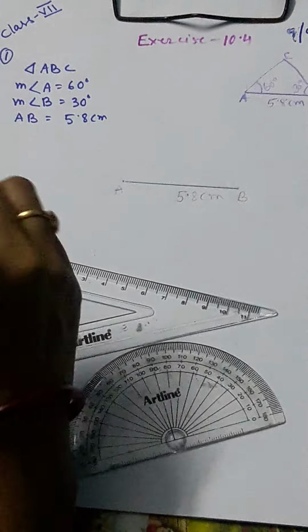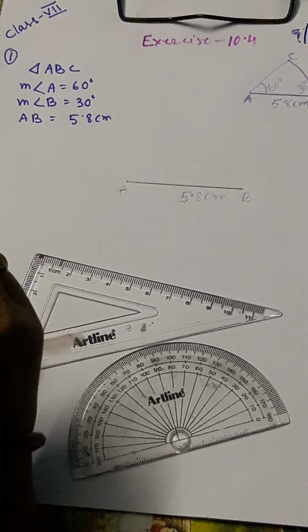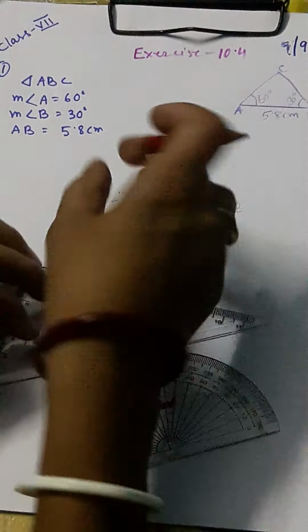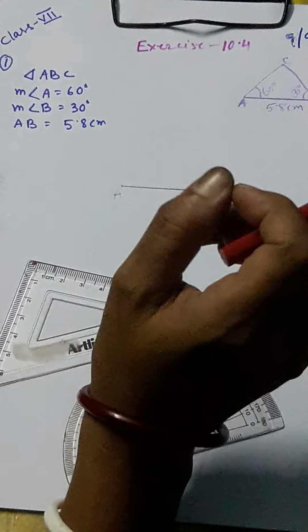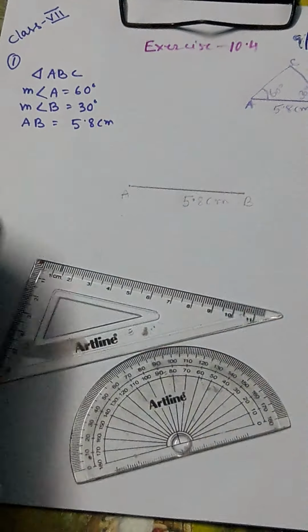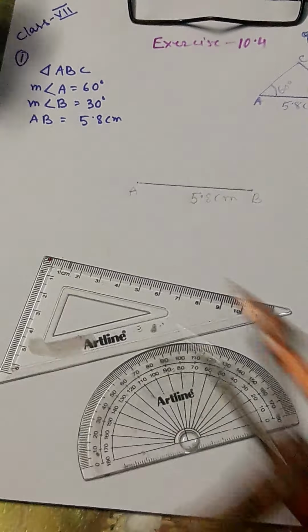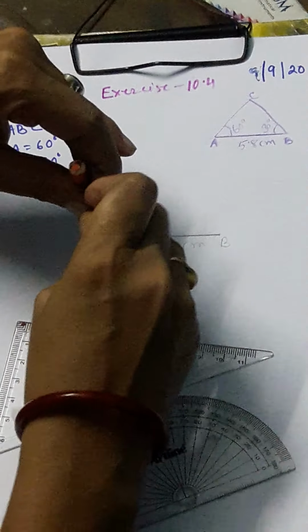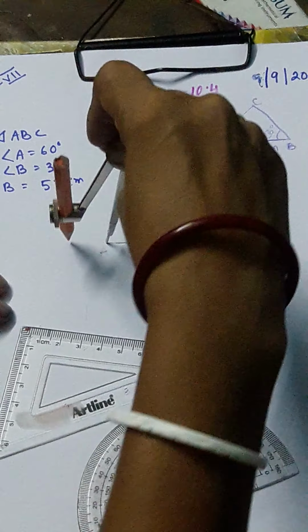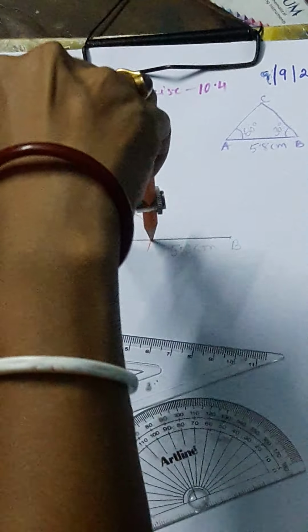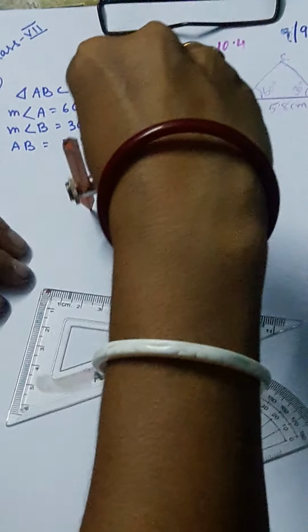Now the second one, it has been asked to draw an angle of 60 degrees at A. You can construct that angle by using the compass, or you can use the protractor also. Okay, let's do this one with a compass. Already you know how to construct an angle of 60 degrees. Here I am taking the first arc with any radius.